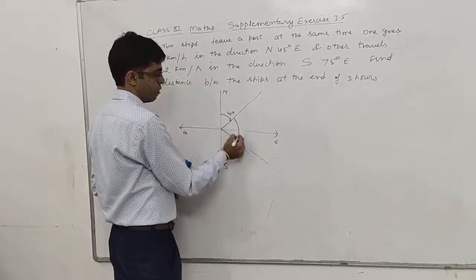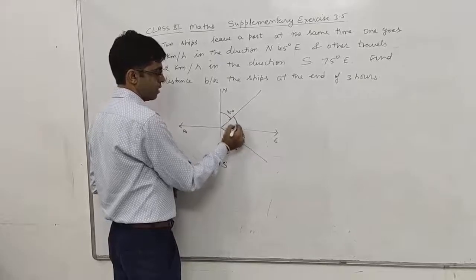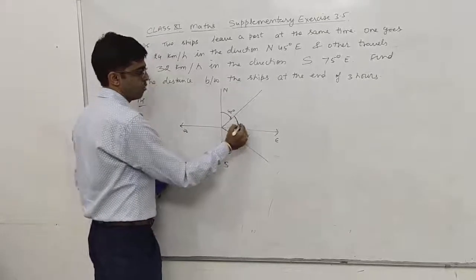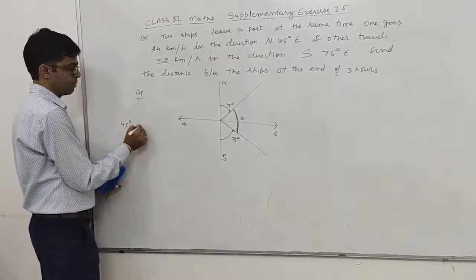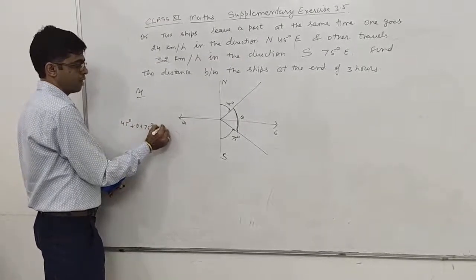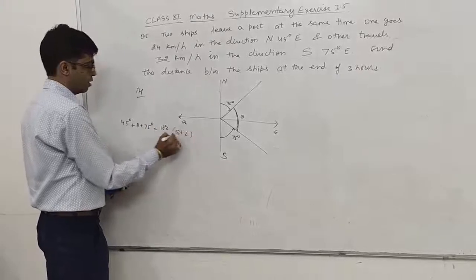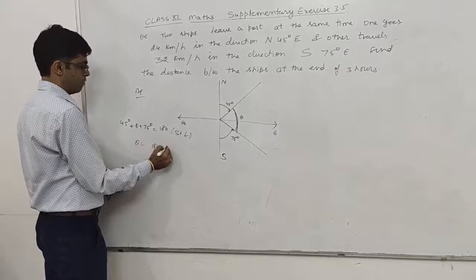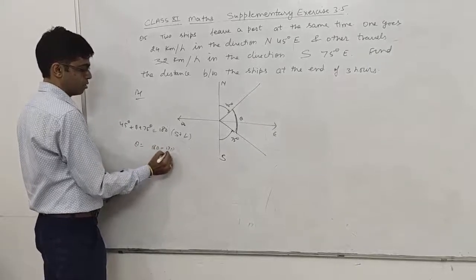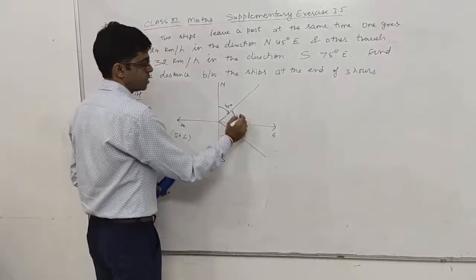So we will find the distance using the formula. First we will find this angle. We know that the sum of all three angles 45 plus theta plus 75 is 180 degree, straight angle. So theta is 180 minus 120 equals 60 degree. So this is 60 degree.